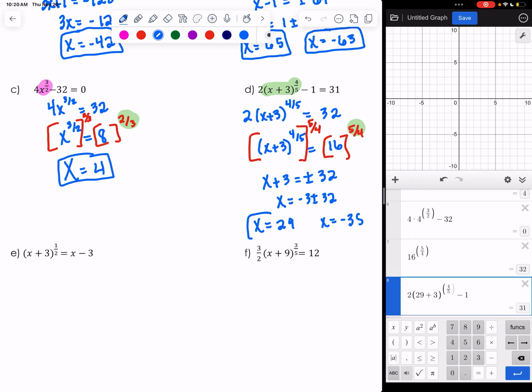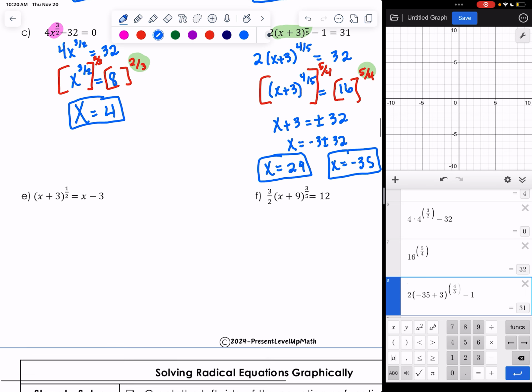So first answer, box it in. Now change that 29 to a negative 35. And that gives me 30. Oh, wait. That also gives me 31. So now we have another true solution.